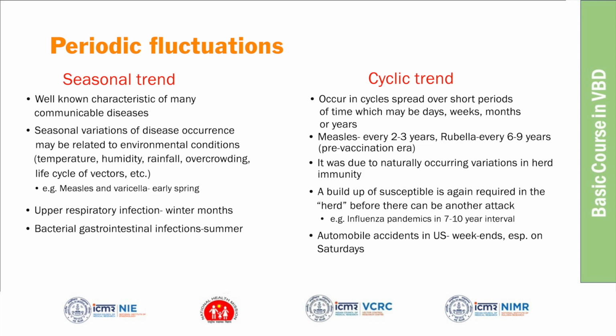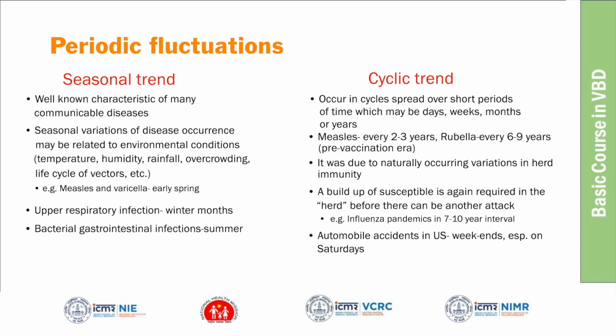While herd immunity is there, it will not affect. When herd immunity decreases, as I already said, when the number of susceptible individuals increases in that community or population, the cycle will restart. A buildup of susceptibles is again required in the herd before there can be another attack.